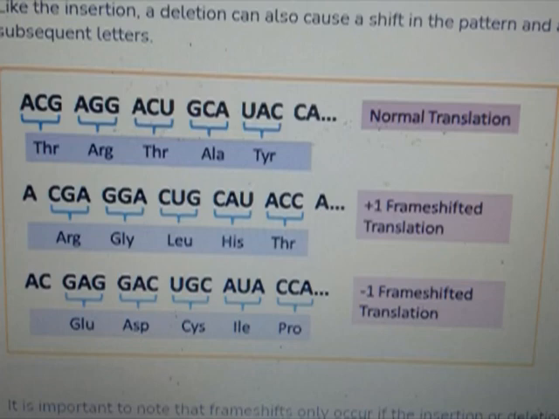The next one is auxotrophic mutants. This is a type of mutant that lacks a gene product involved in the synthesis of an essential metabolite, such as an amino acid. This type of mutant can only be kept alive if the metabolite is supplied as a nutrient in the culture medium.